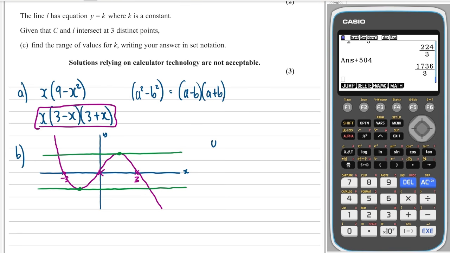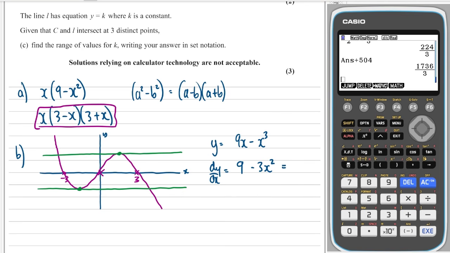So we've got to take our y function, which was equal to 9x minus x cubed, and we've got to differentiate it. So dy by dx is equal to, drop the power down by 1, so 9, and here drop the power down to the front, so 3, and then drop the power down by 1 to a 2.